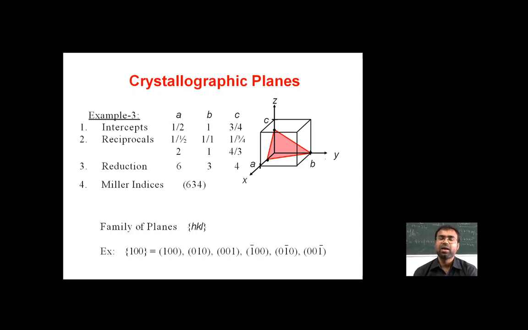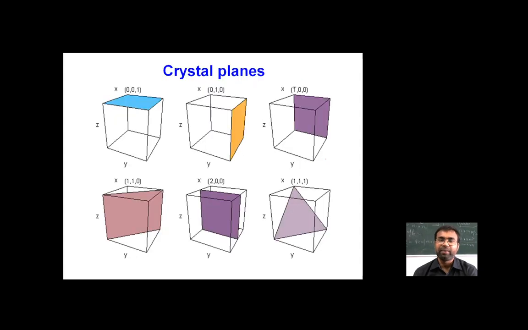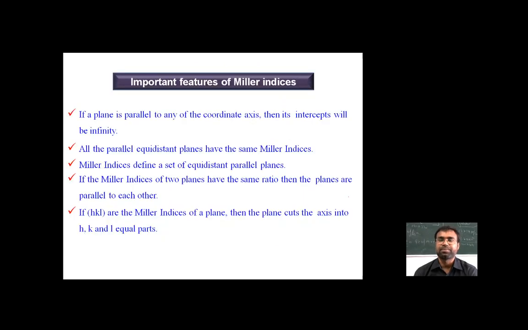And by these we can identify the Miller indices plane family as well. So these are the crystal planes shown in this figure according to their intercepts. There are various important features of the Miller indices. If a plane is parallel to any of the coordinate axes, then its intercept will be infinity.